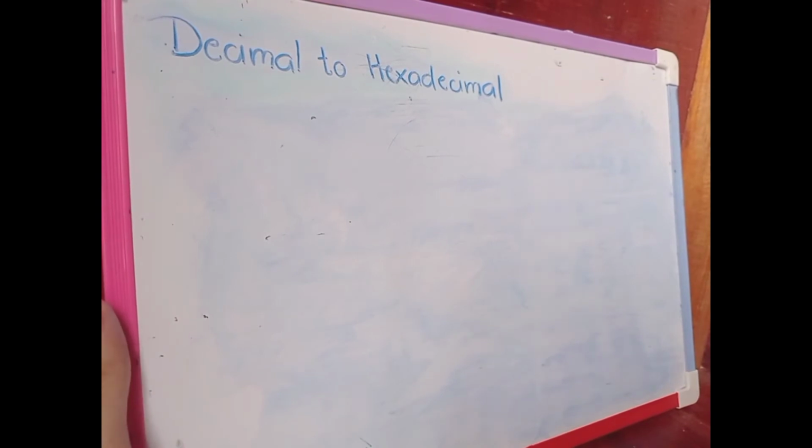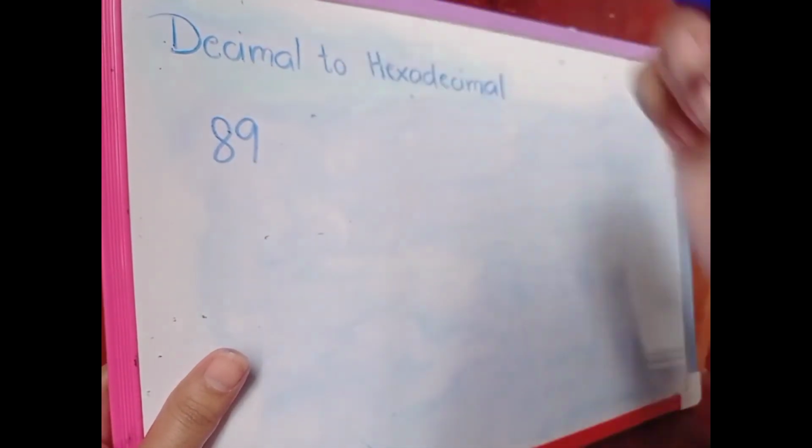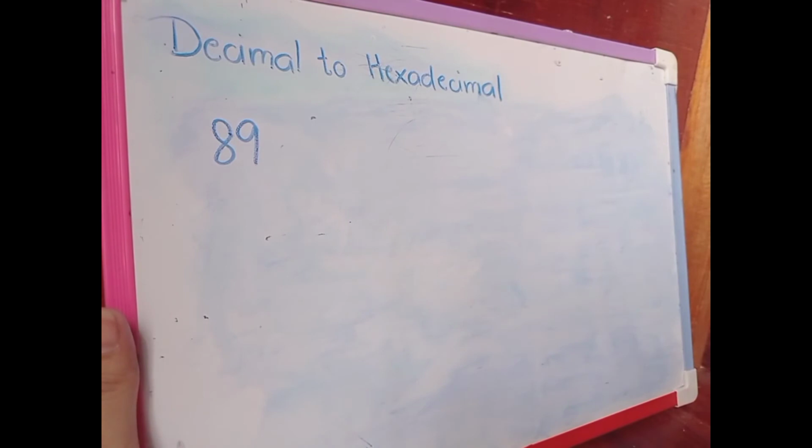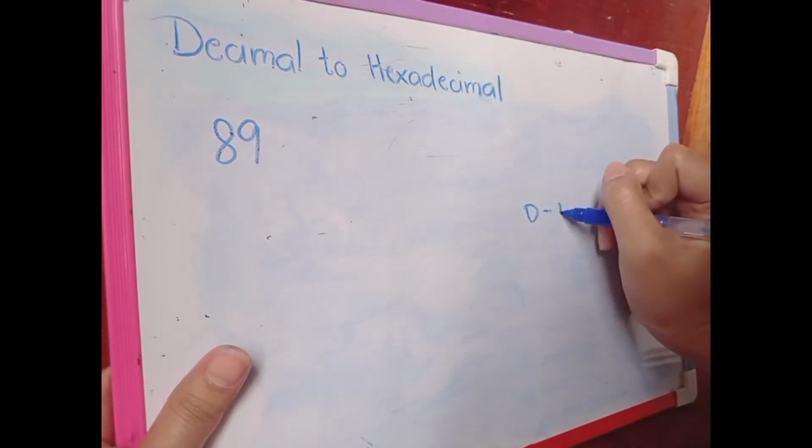And lastly, I will demonstrate how to convert decimal to hexadecimal. So again, we will use the number 89. But before that, we must know the numbers that correspond from decimal to hexadecimal.